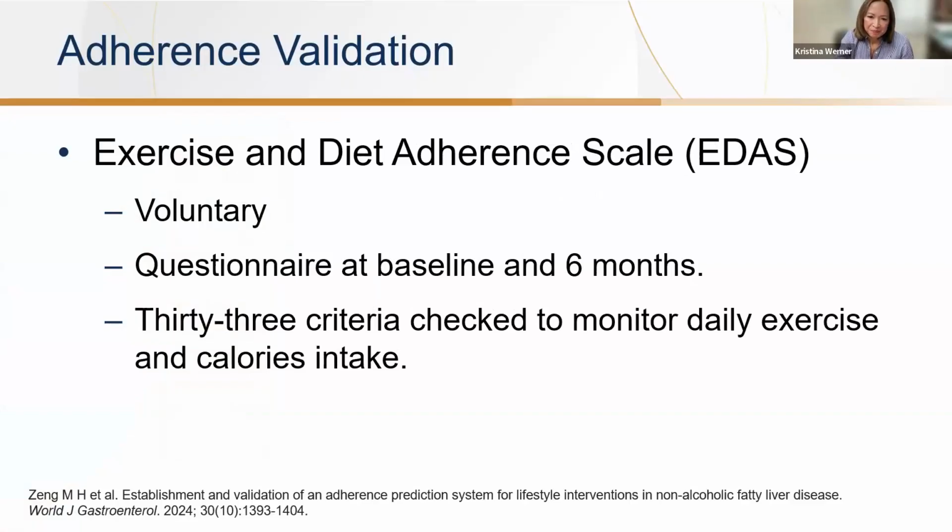So there's this Exercise and Diet Adherence Scale that we can use. It's a voluntary questionnaire at baseline and 6 months, with a 33-criteria check to monitor daily exercise and calorie intake. A lot of times, motivating patients takes time.